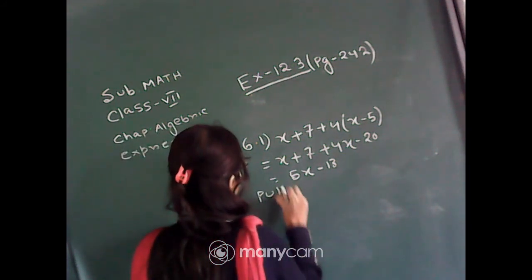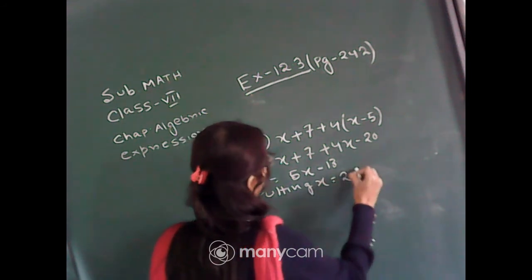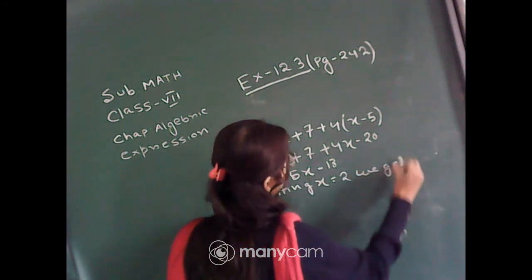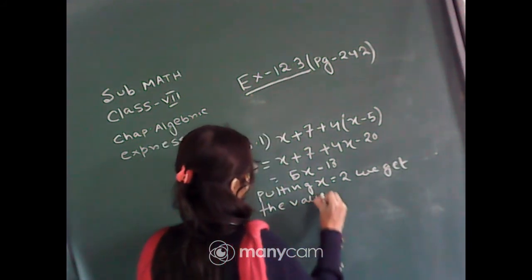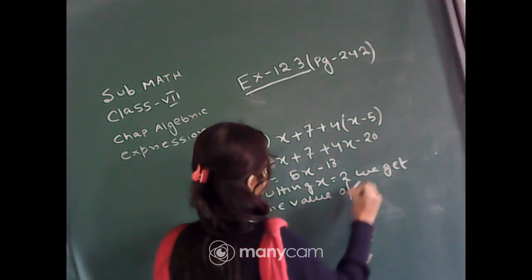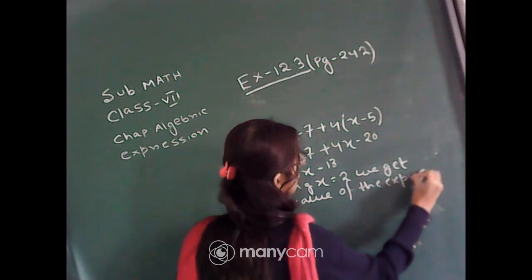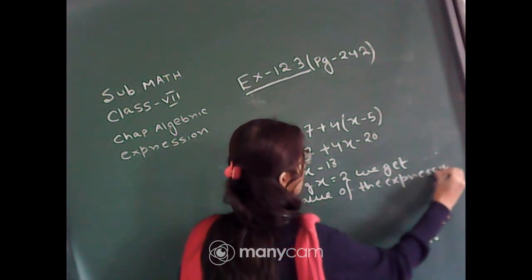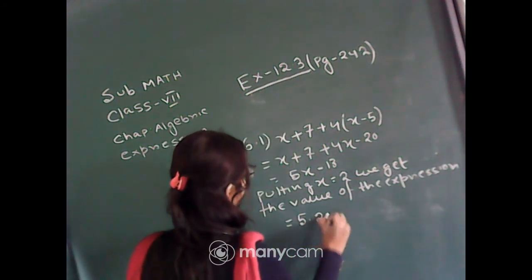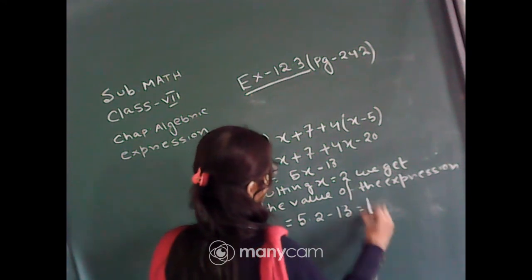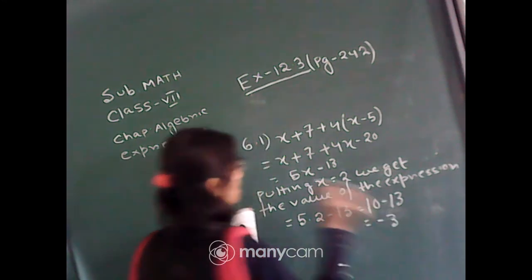Putting x is equal to 2, we get the value of the expression is equal to 5 into 2 minus 13. This is equal to 10 minus 13. Therefore, the required answer is minus 3.